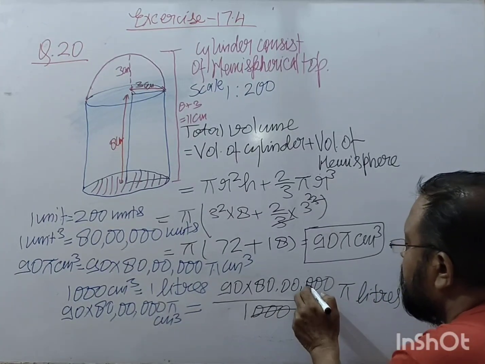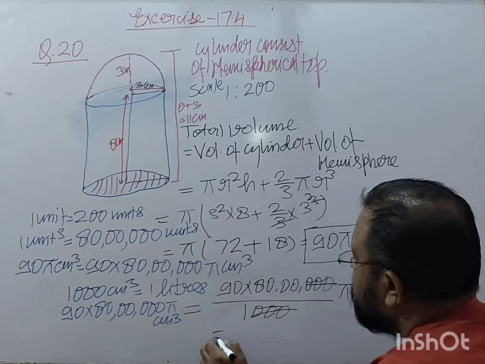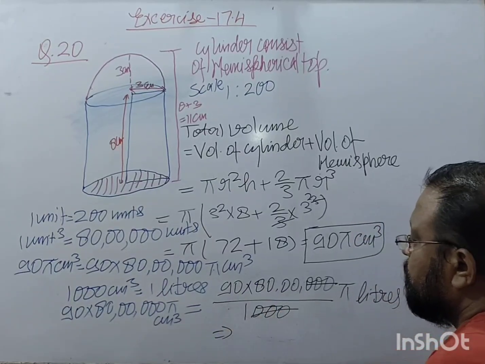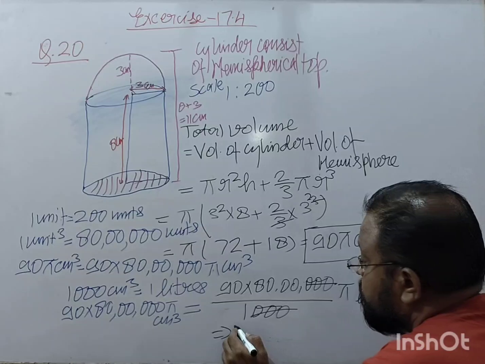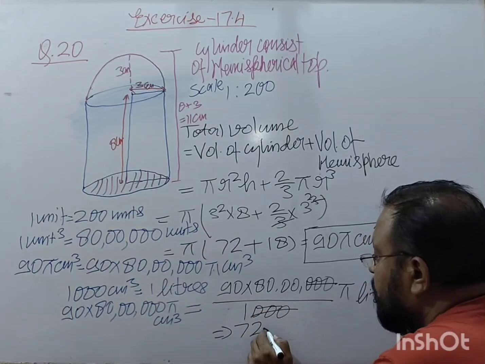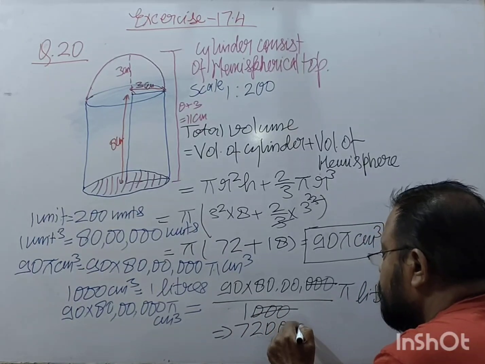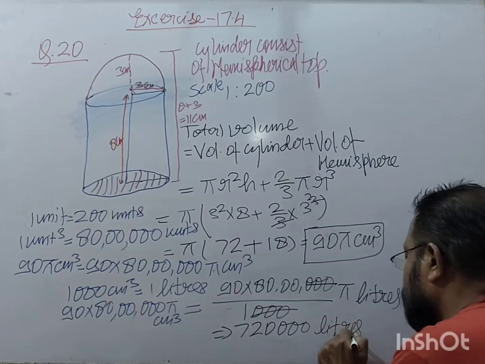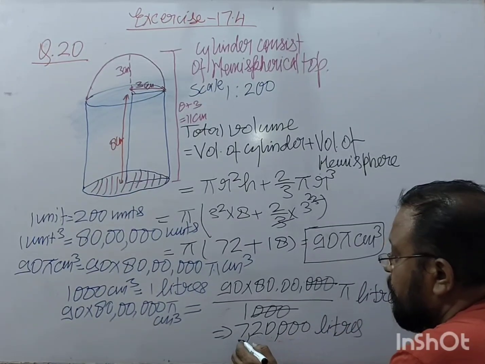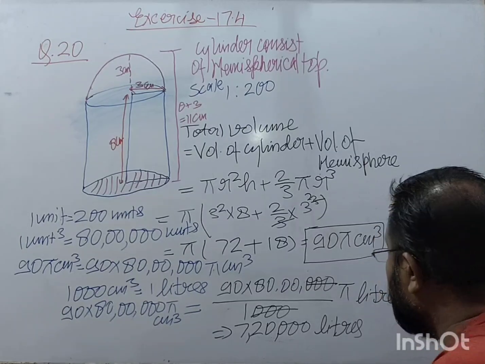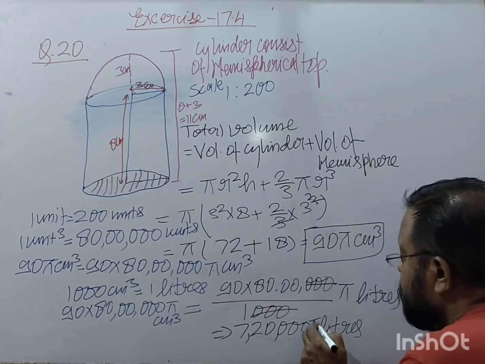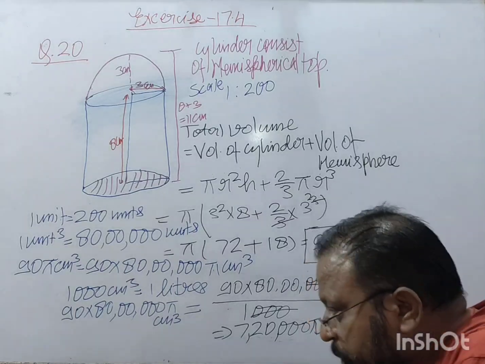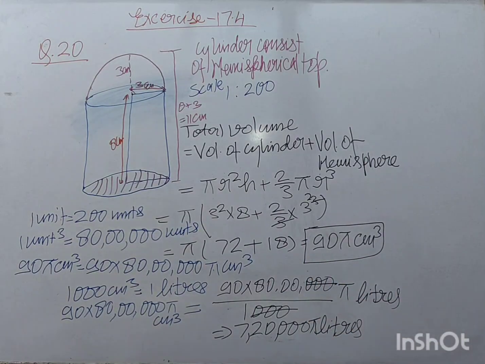These three zeros are cancelled out, and this is how much? 72 and 4 zeros liters. So you get 7,20,000 pi liters. What is your answer? 7,20,000 pi liters. This is how we convert.